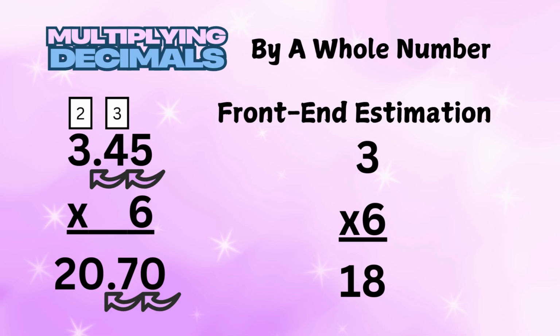Now I am also able to compare the actual answer with my estimate that I had made using front-end estimation. My estimate was 18, and the actual answer is 20.7. It makes sense. It was a reasonable estimate for the question.